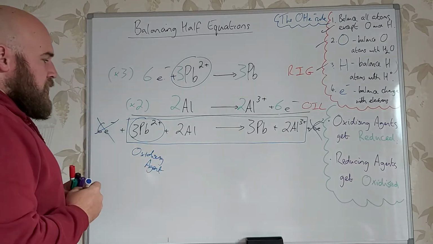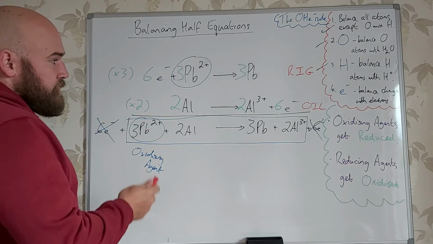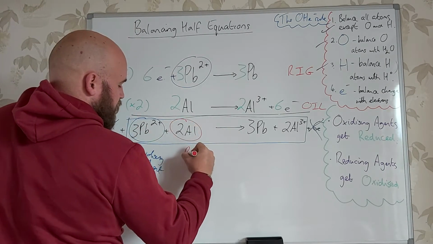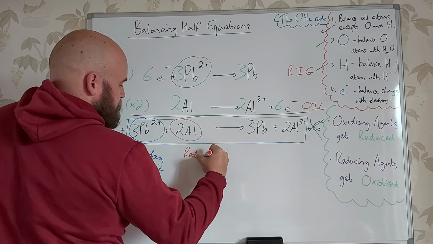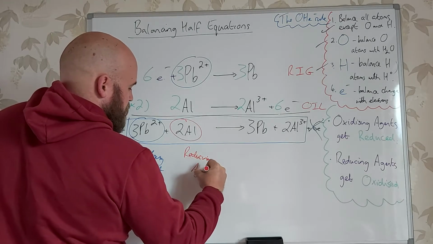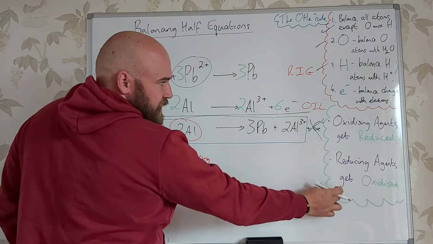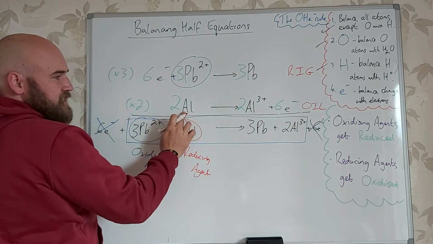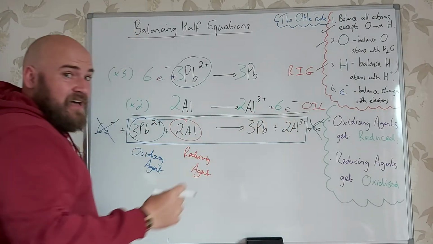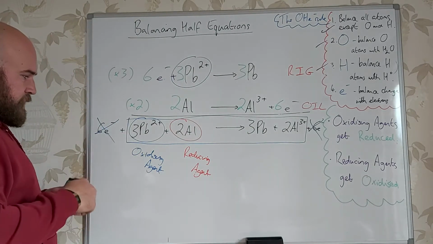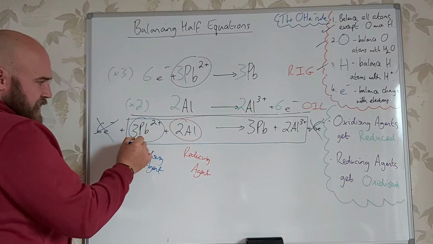Okay, and that must mean that the other thing, which is the aluminium, must be the reducing agent. Okay, and just check, because if reducing agents get oxidized, are my aluminium atoms getting oxidized, i.e. are they losing electrons? Yes, they are.